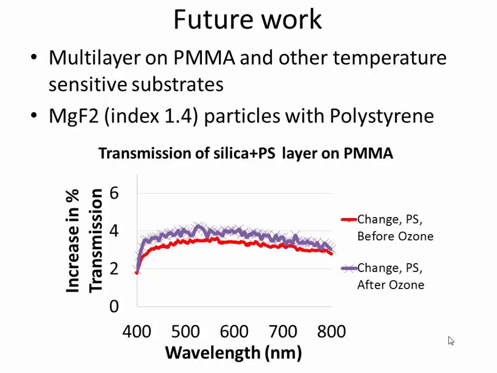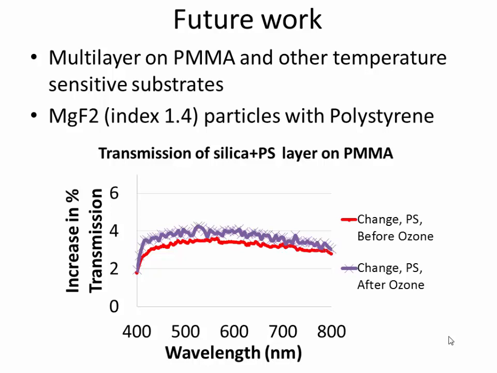So our first test, we have polystyrene plus silica on the PMMA substrate, we sprinkle that, and then we introduce ozone for like 20 minutes, and then we realize that the transmission increases, which means that the refractive index has dropped, and so that indicates that we are actually removing the polystyrene.